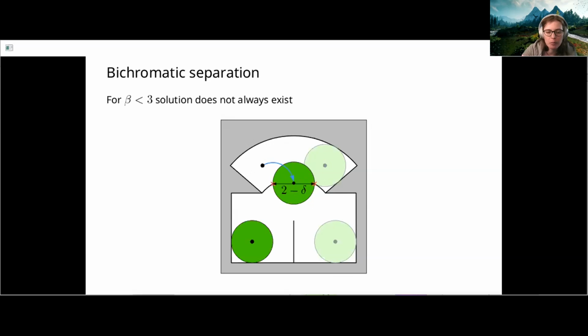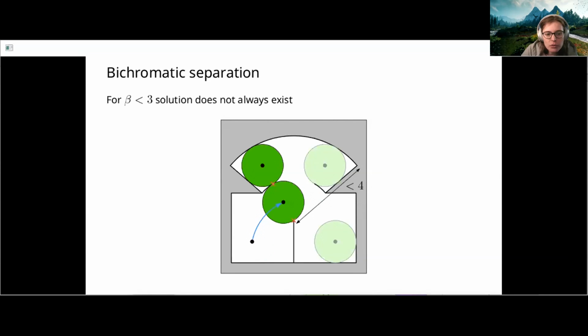We have a matching on the start and target positions. And if we try to move, let's say, the bottom robot to its target position, the top robot will always block it. The top robot has a tiny bit of its side sticking from the top component into the bottom component, no matter where it is located, in its starting position, in its target position, or anywhere in between.